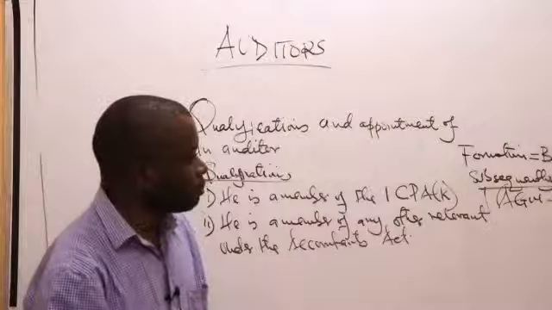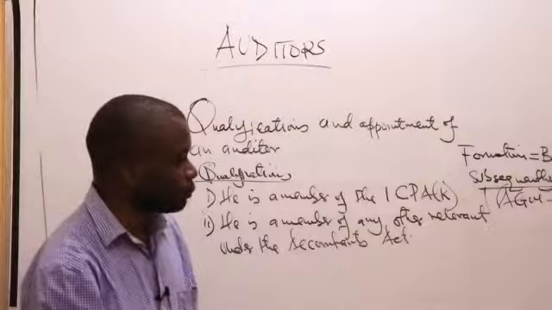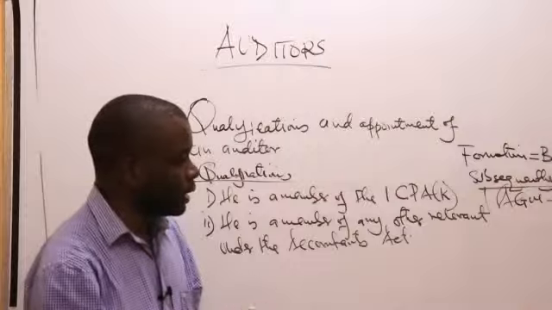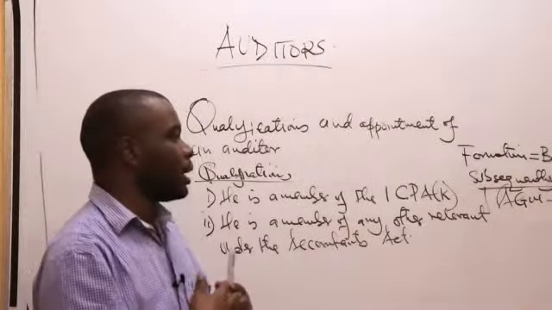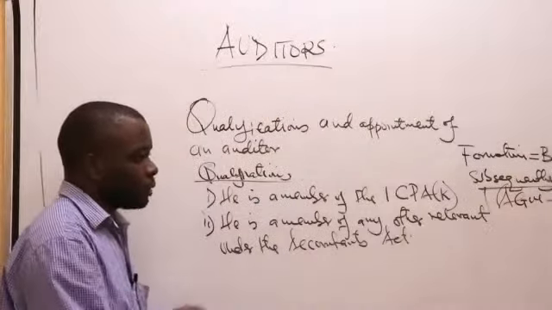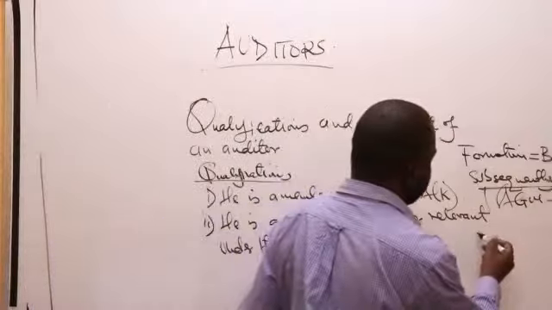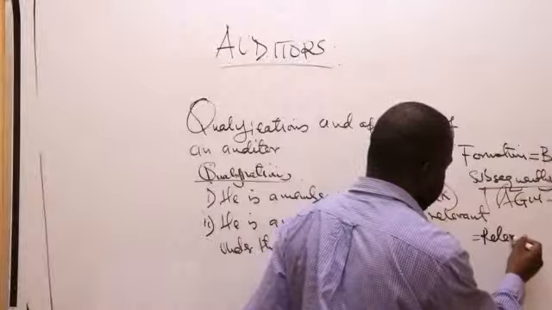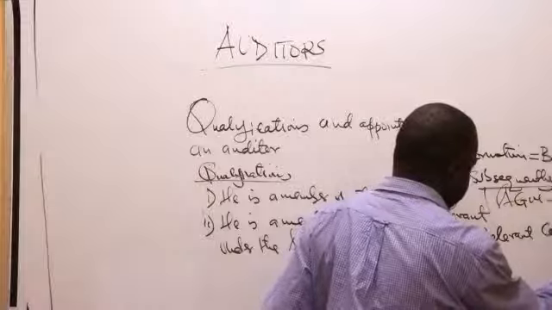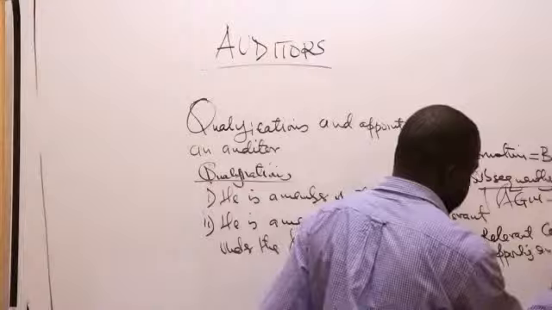For example, sometimes we could talk about a parastatal, or any company or corporate body that the government has an interest in. If that particular corporate body has failed to appoint an auditor, then sometimes the relevant cabinet secretary can appoint an auditor in such a case.